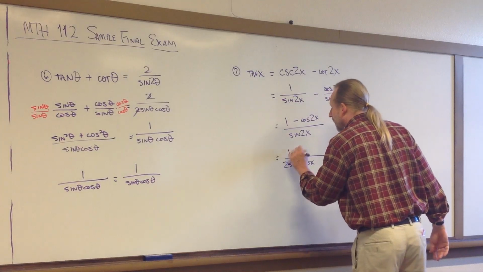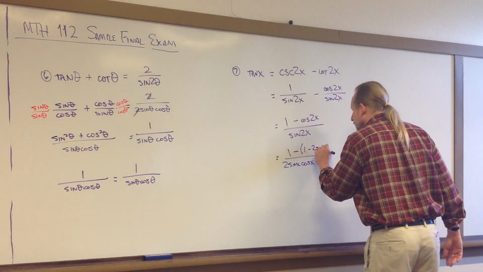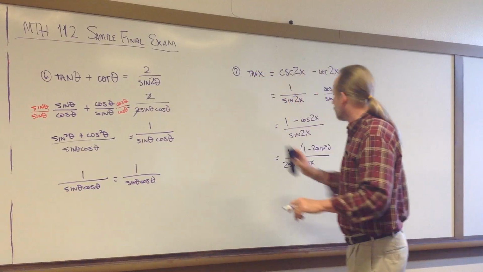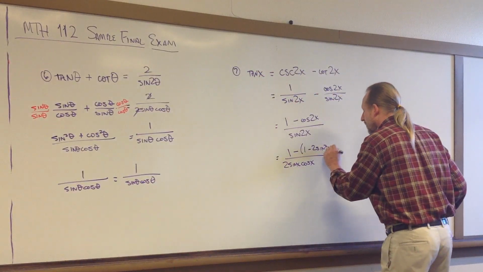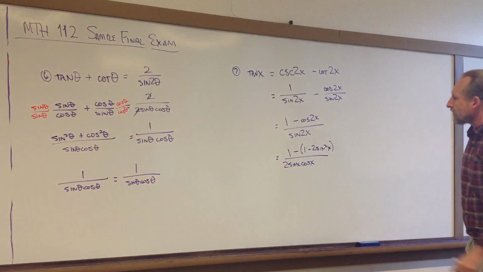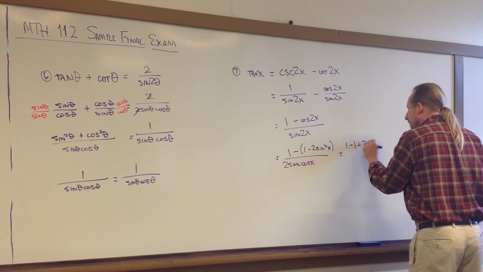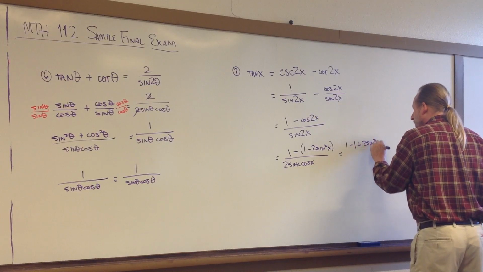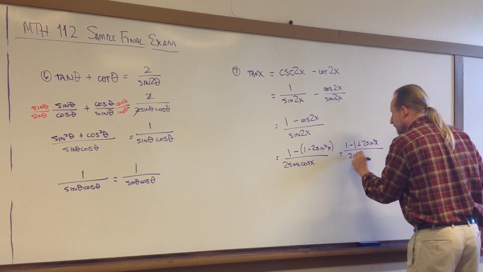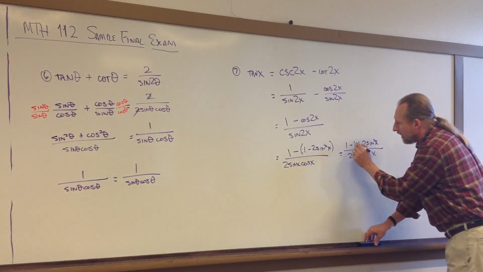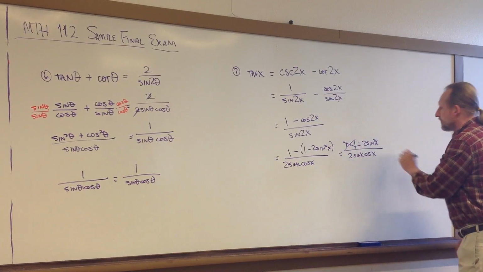So let's see, 1 minus 2 sine squared x. Get confused between my thetas and x's here. There we go. So this is going to be 1 minus 1 plus 2 sine squared x over 2 sine x cosine x. So these 1's cancel each other out.